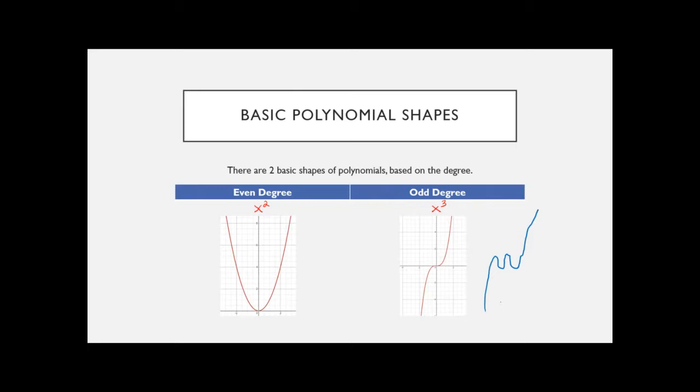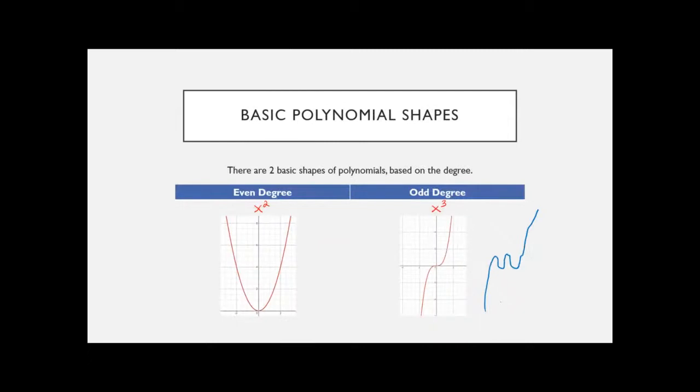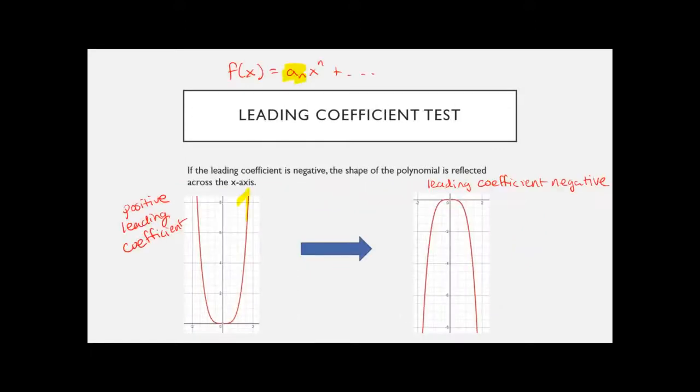Okay. And this also leads us back to the leading coefficient test. What you want to pay attention to on the leading coefficient is what's happening to the rightmost part. When the leading coefficient is positive, the rightmost part is going up, like here.